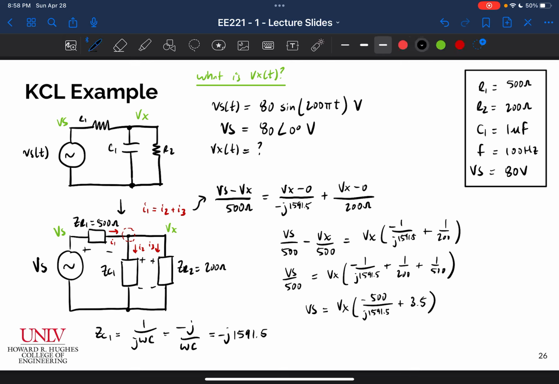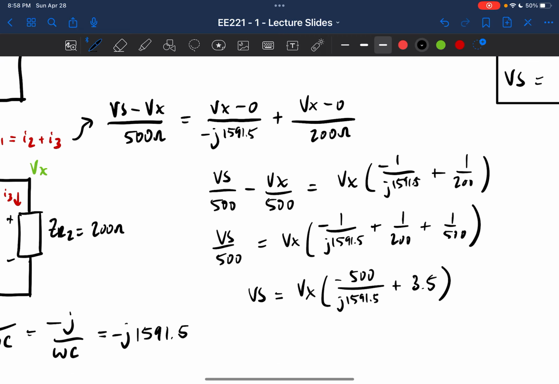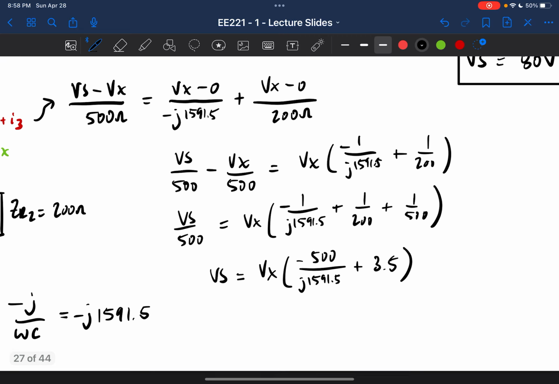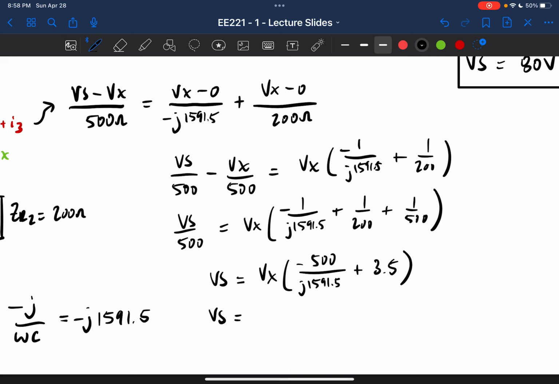So let's go ahead and do that. Again, a J on the bottom just becomes a minus J on the top. So I can rewrite this as Vs is equal to Vx times 3.5 plus, because the minus J and this minus sign are going to become a positive J. And then what is 500 divided by 1591.5?